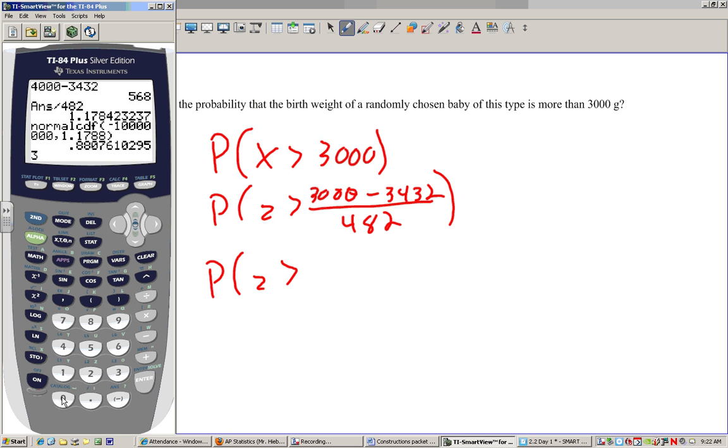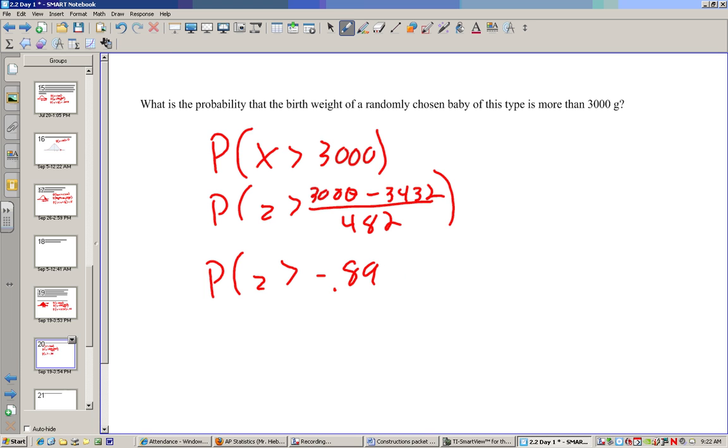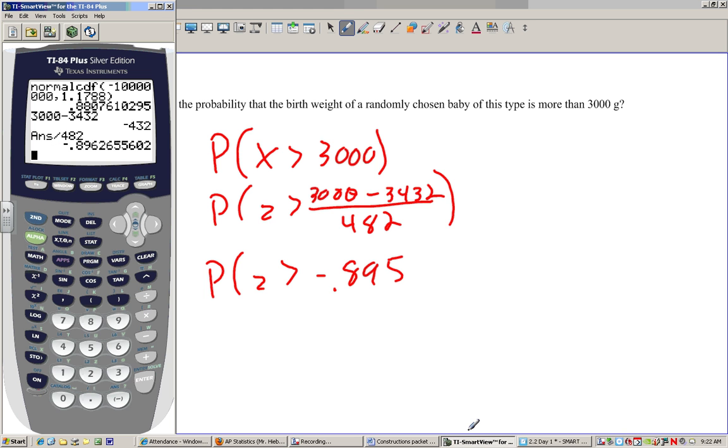Now we have 3,000 minus 3432. I don't need a parentheses there. And then divide that answer by 482. So that's negative 0.895, did I see? 8962.